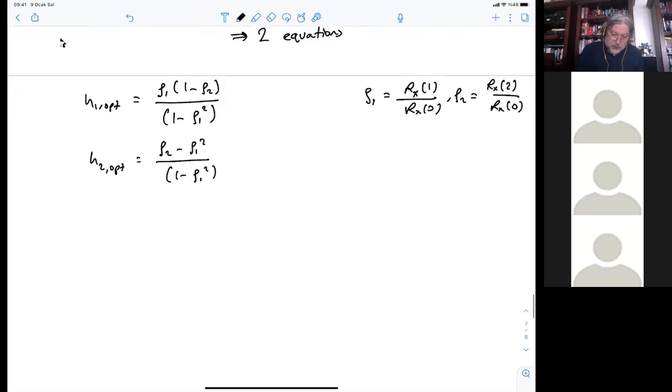By the way, I want to also show you the minimized power of the difference, the error.